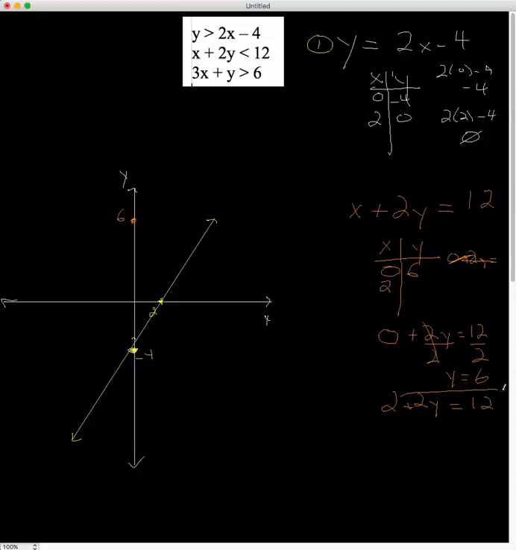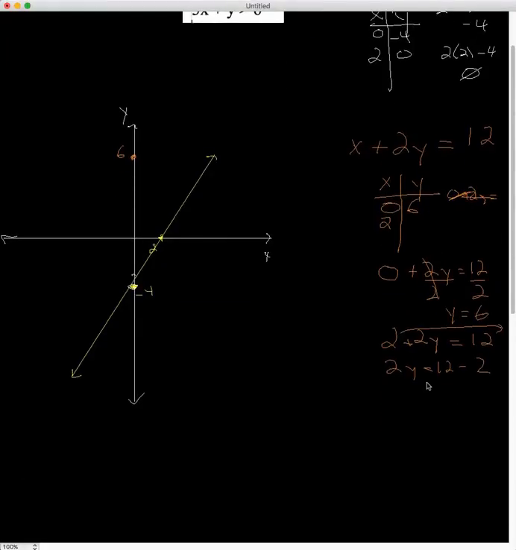I move my 2 onto this side, so we have 2y is equal to 12 minus 2, and 2y is equal to 10. And if you divide both sides by 2, we have y is equal to 5. So when x is equal to 2, we get y is equal to 5. So 2 and 5, maybe it's right around there. So here's our 5.